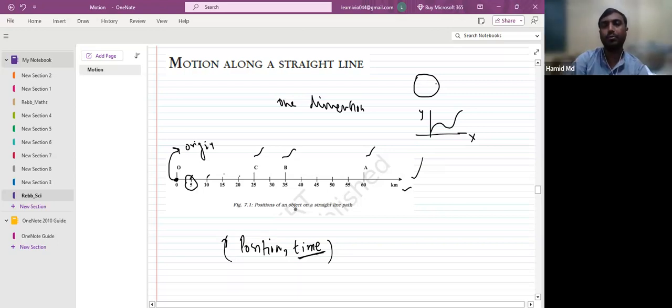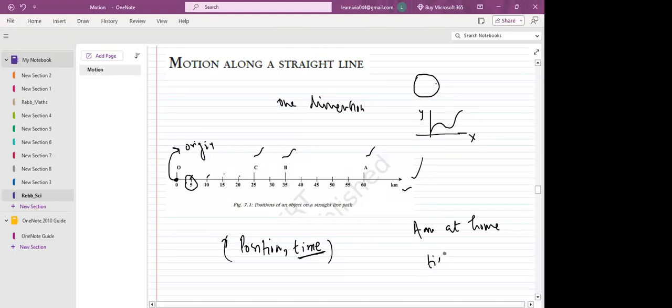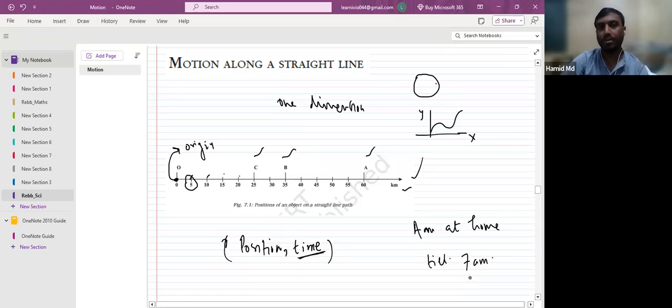If you tell your friend over the phone that you are at home till 7 a.m., after 7 a.m. you'll be going to school. This is the time limiting point. If he or she comes after 7 a.m., they won't find you. So for a complete notation, you have to give the time as well.